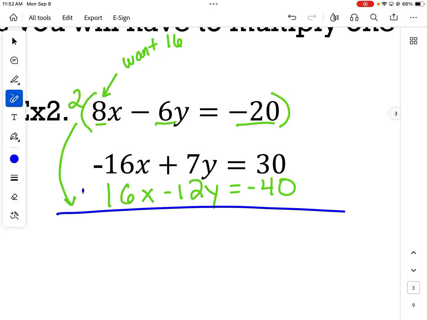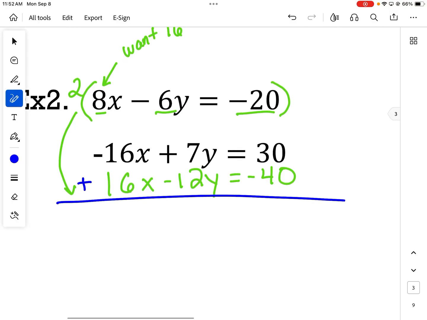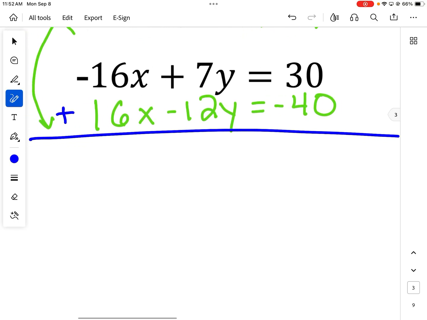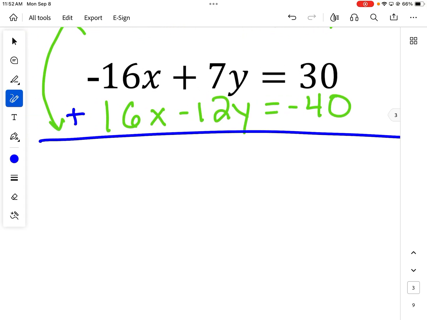So now I'm going to eliminate the x's because they are opposites of each other. So see how I have negative 16x and positive 16x? That becomes 0. So I can mark it out. Now all I have is y, so I'm going to add those and then solve for y. 7y minus 12y. 7 minus 12.